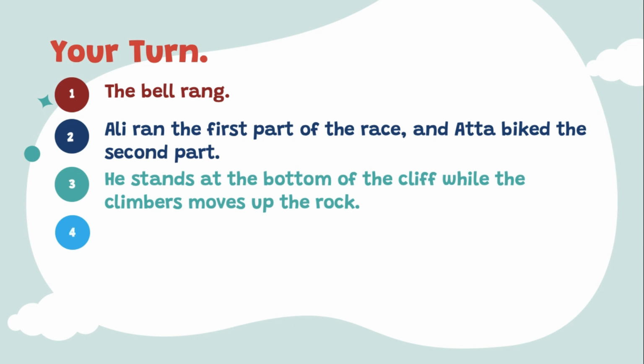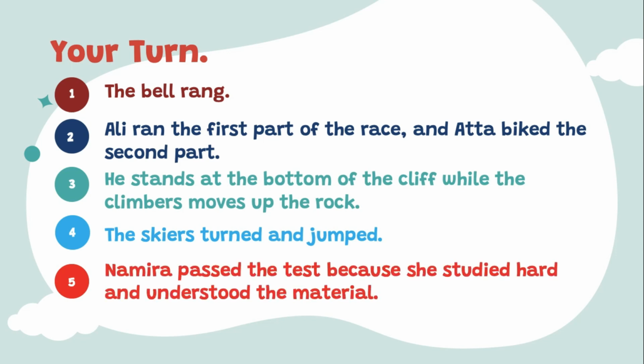Third, he stands at the bottom of the cliff while the climbers move up the rock. Fourth, the skiers turned and jumped. Fifth, one last one, Namira passed the test because she studied hard and understood the material. Let's give you some moment to think about the correct answer.